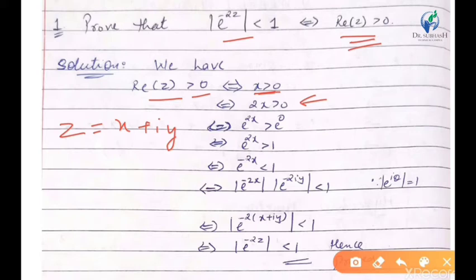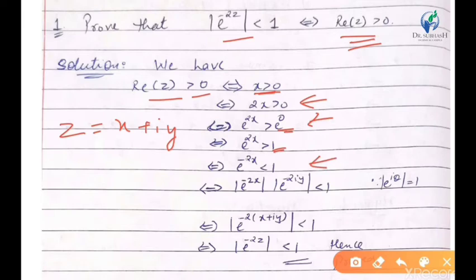So we get e raised to 2x greater than e raised to 0. Now e raised to 0 is 1, so e raised to 2x will be greater than 1. Now we need to prove for negative power of e, so we will take the inverse. Then we get e raised to minus 2x is less than 1.